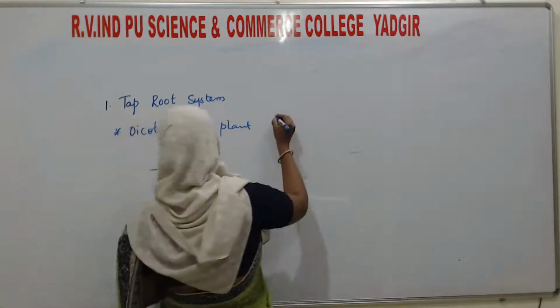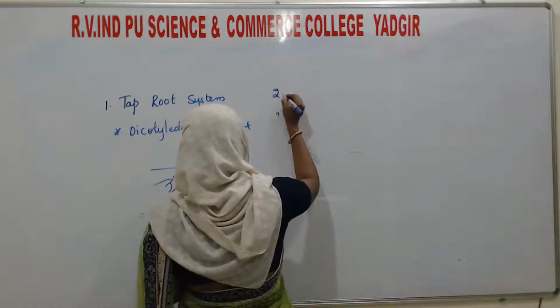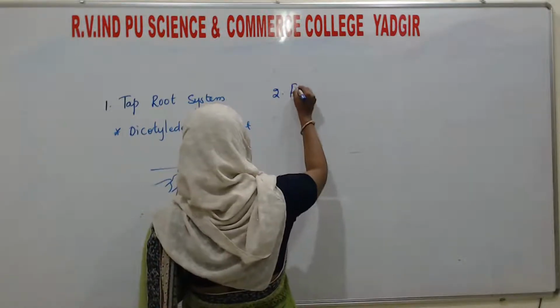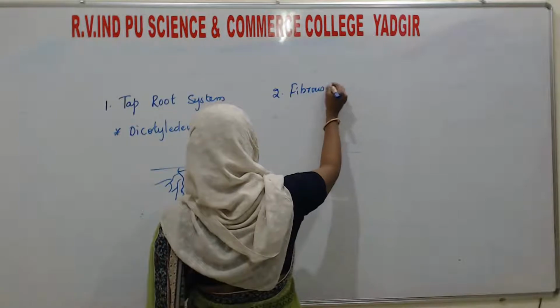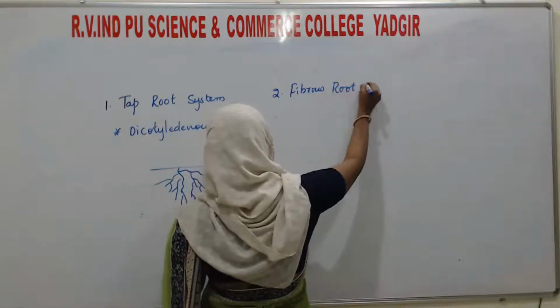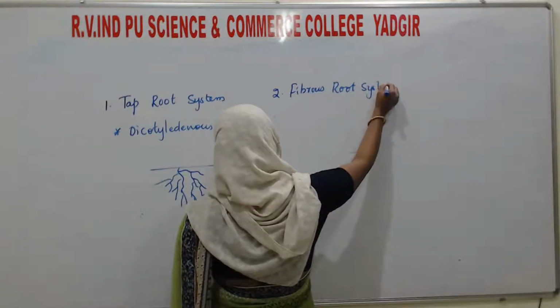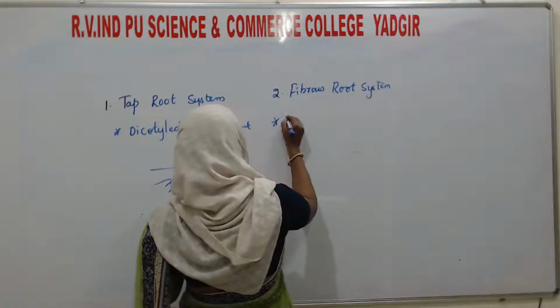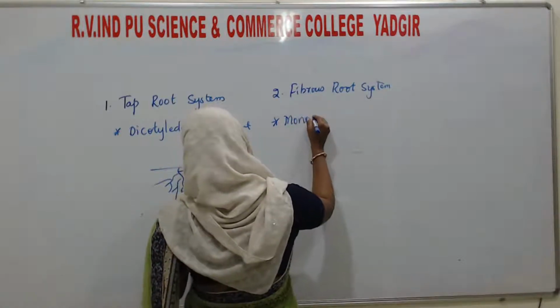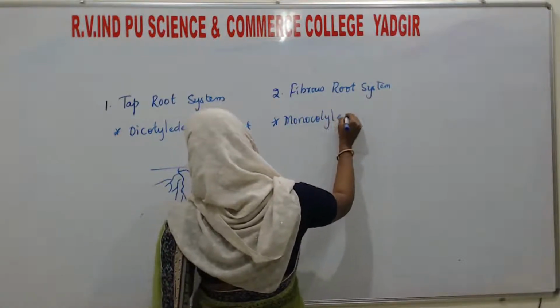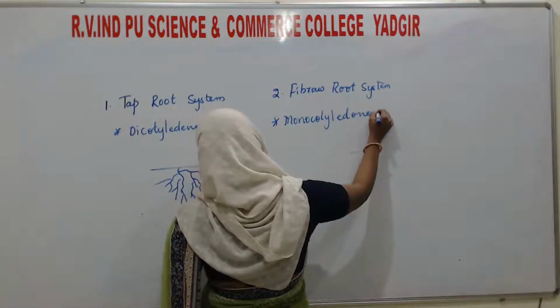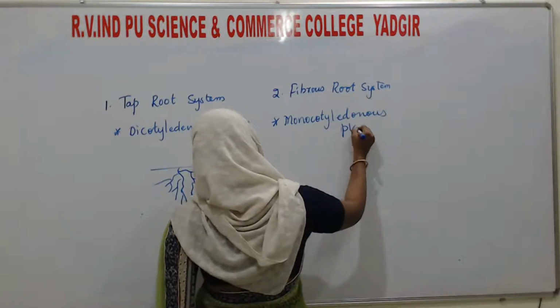Then the second one, that is the fibrous root system. This fibrous root system is found mostly in the monocotyledonous plants.